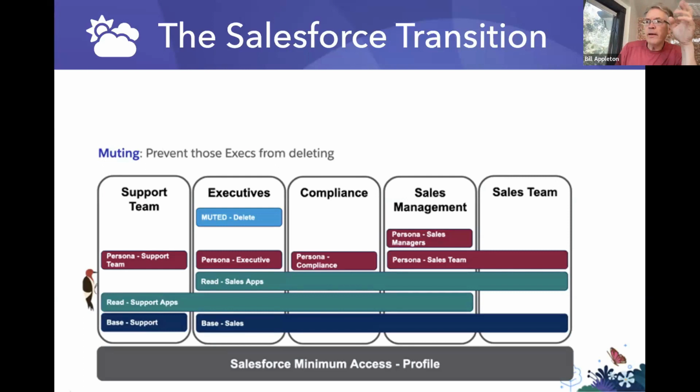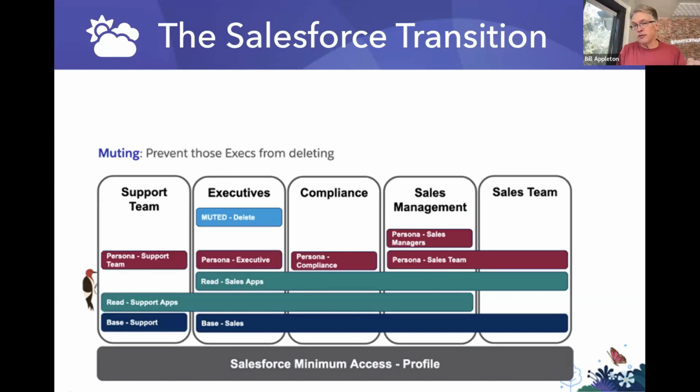Now, I want to make a few comments about this picture. There's some things that I think need to be said about it. One is, if you look at the bottom, where they have the Salesforce minimum access profile, I think that scenario is unlikely.